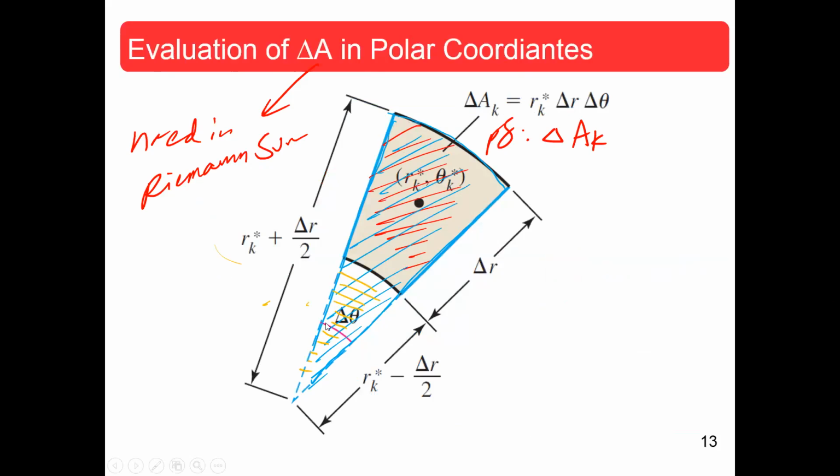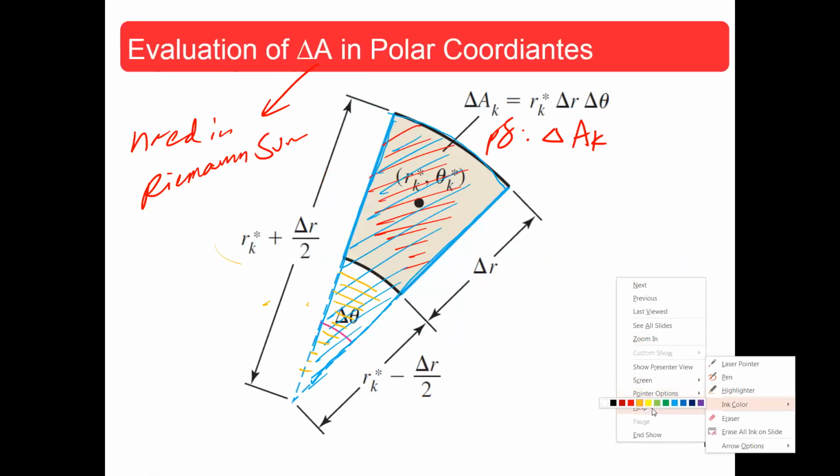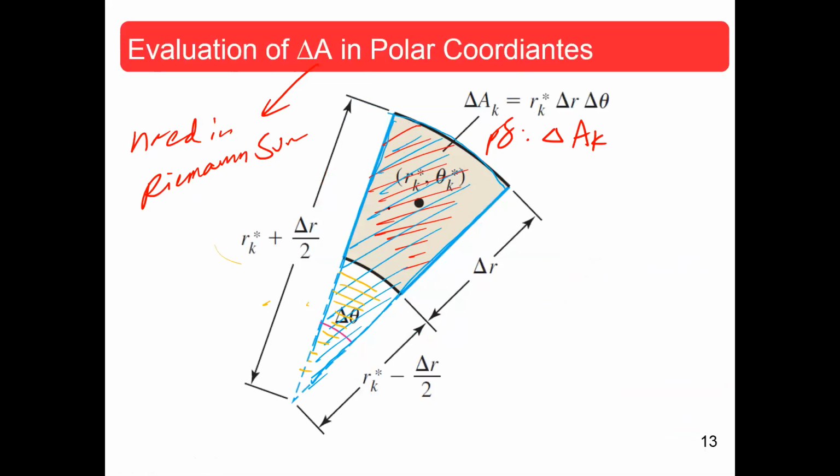Yes. Okay. I'm going to call the area of the blue one A1. Let me go back to here. So delta A_k will be the area of the blue region minus the area of the orange region. And both of those two regions are in this shape.